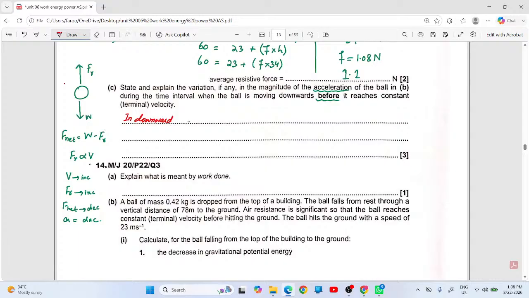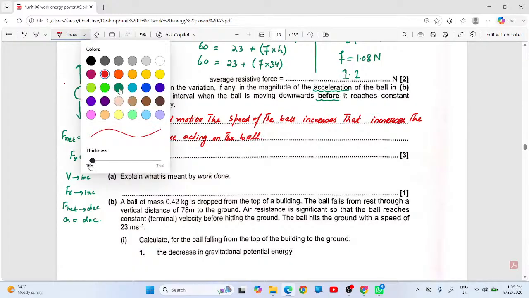In downward motion, the speed of the ball increases. That increases the resistive force acting on the ball.